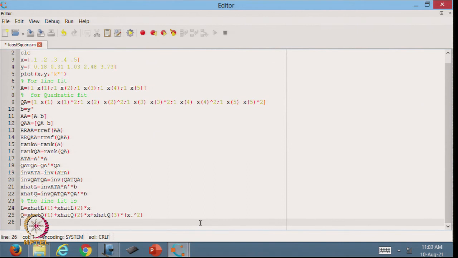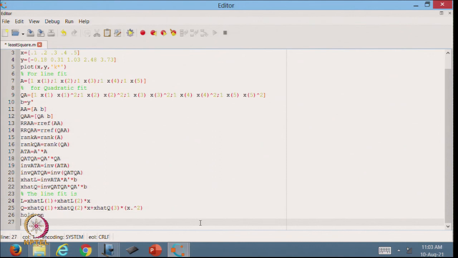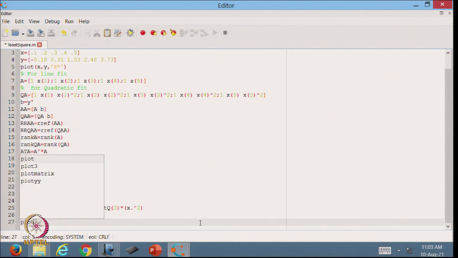So, what I am going to do is now I will take hold on, which means it will hold the plot above, and then I can write plot.